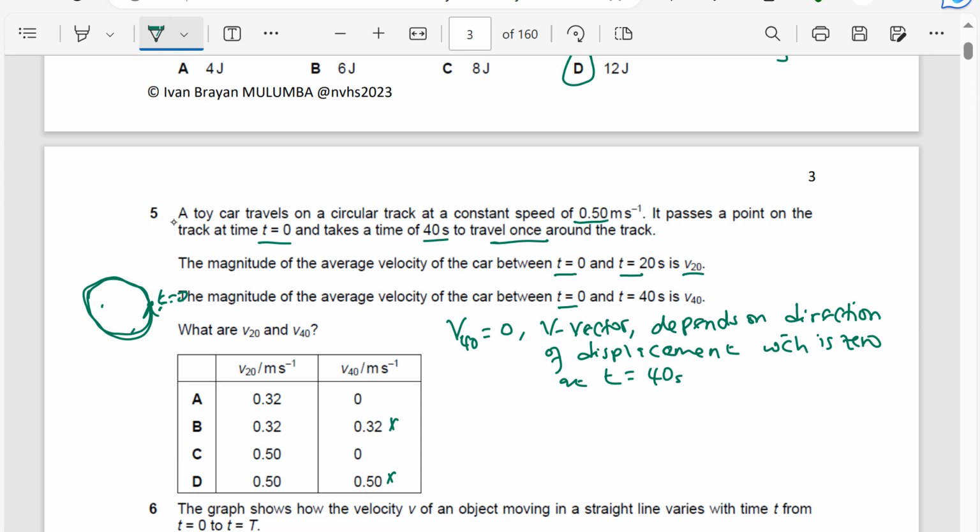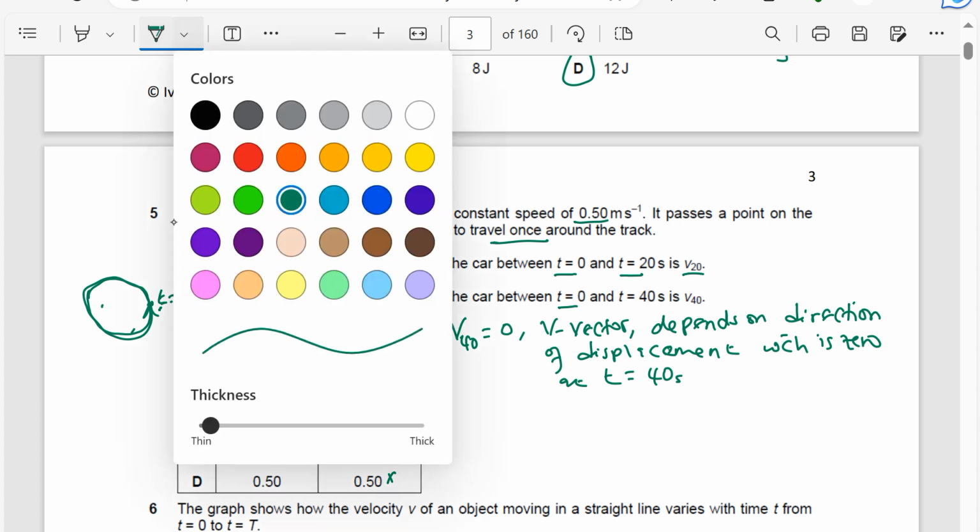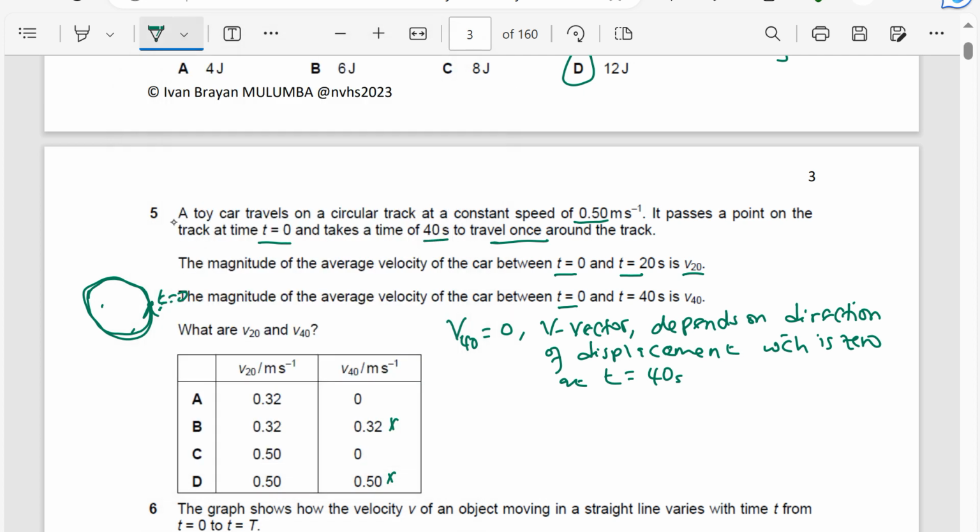Then let's check v20. Remember, the velocity cannot be the same as speed when direction changes. At 20 seconds, the direction has already changed. Most probably it is somewhere here in a different direction.